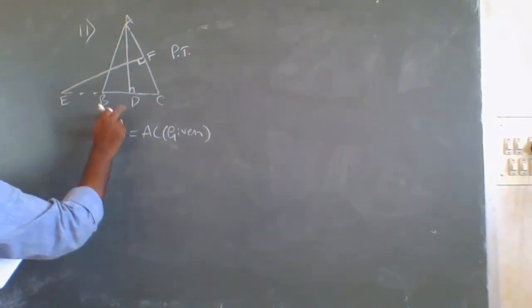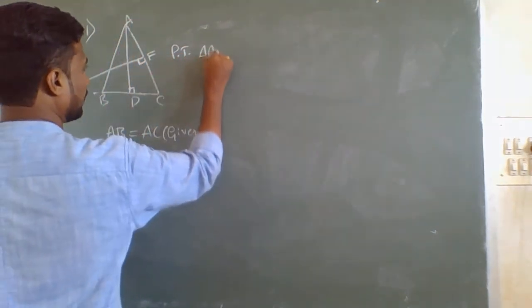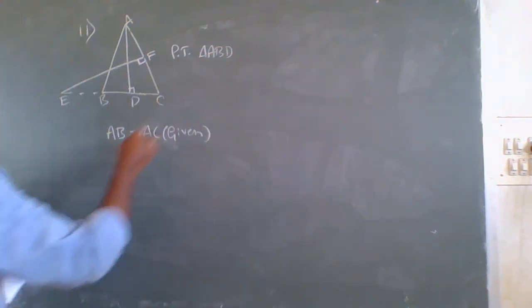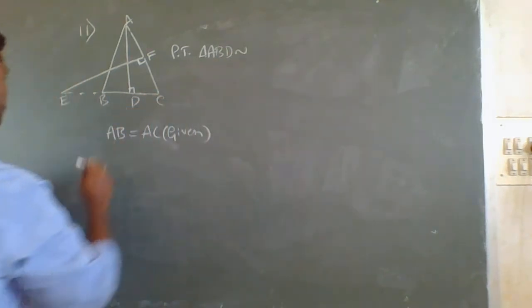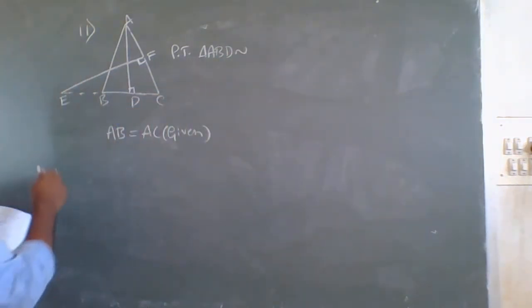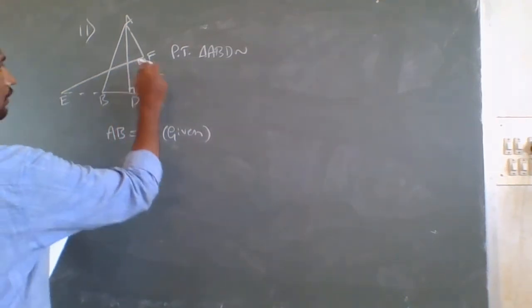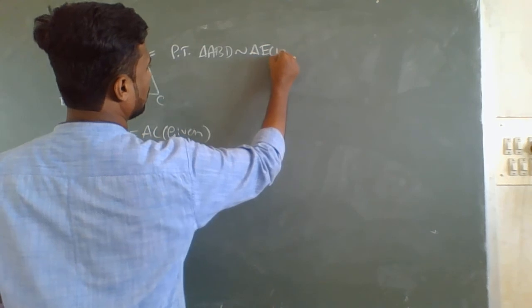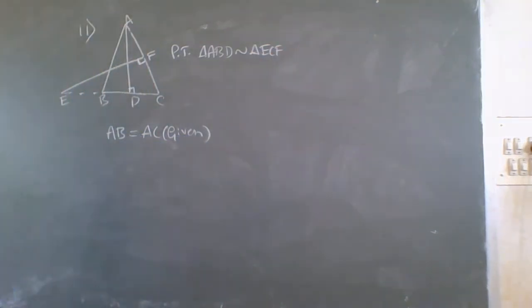We have to prove that triangle ABD is similar to triangle ECF. What is given here?